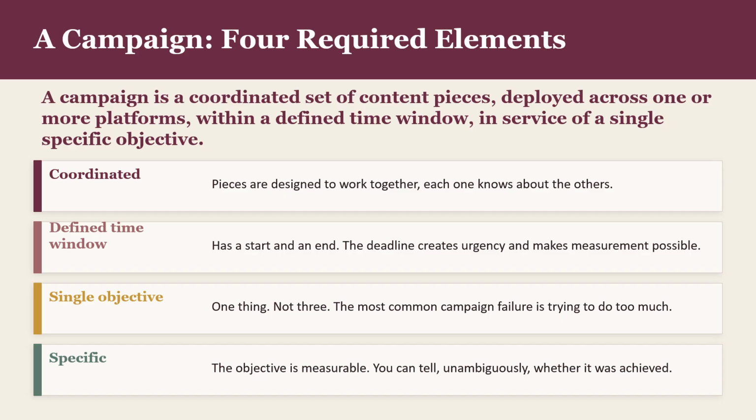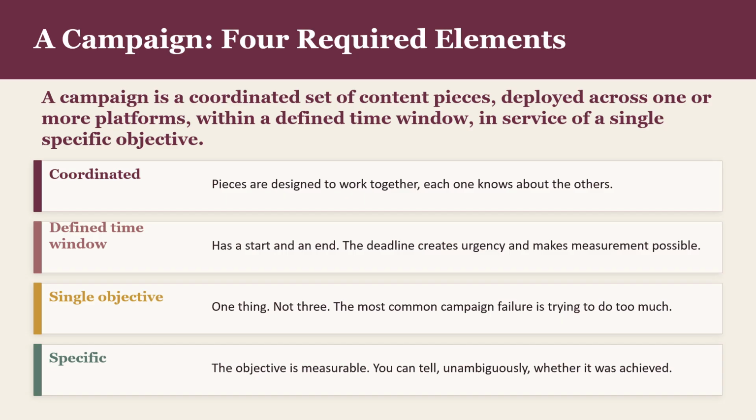So let's be precise, because campaign gets used to mean almost anything in strategic communication. I've heard people call a single Instagram post a campaign. It's not. I've heard organizations describe their entire year of content as a campaign. Probably not that either. Because a campaign has 4 specific elements and all 4 are required.